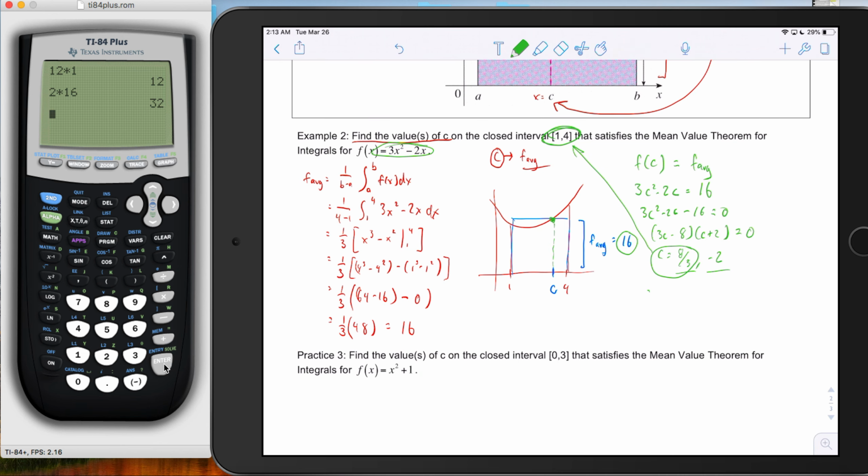So the correct answer is 8/3 only. The reason is negative 2 is not on 1 to 4. That's the reason.